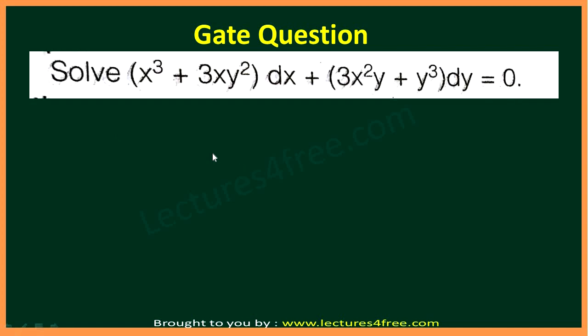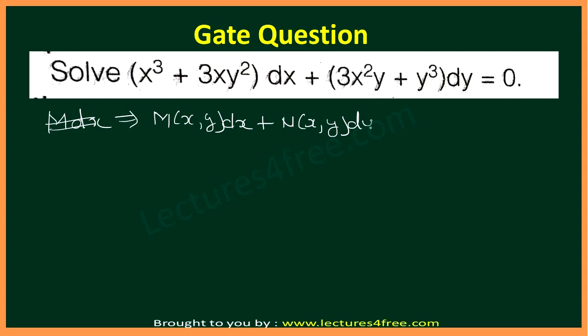Solve (x cube plus 3xy square) dx plus (3x square y plus y cube) dy equal to 0. As we can see here, this equation is in the form M dx plus N dy equal to 0, where M is a function of x and y, and N is a function of x and y.